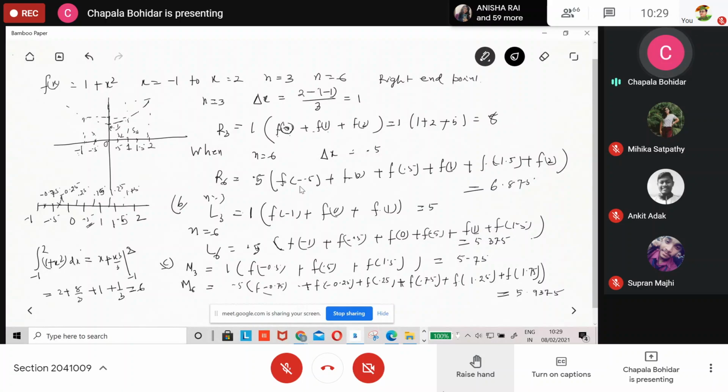So now see, among all these values, I am getting 8, I am getting this one, this one, this one. Among all these values, which one is the best?